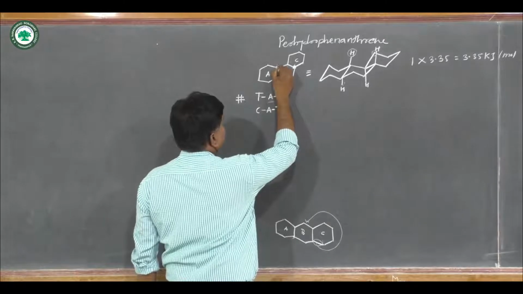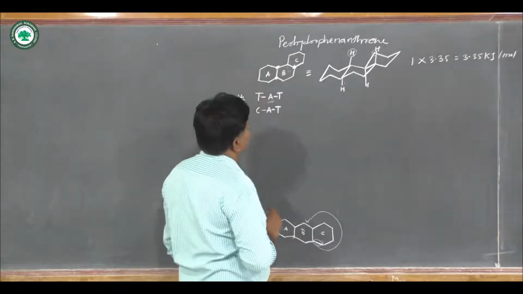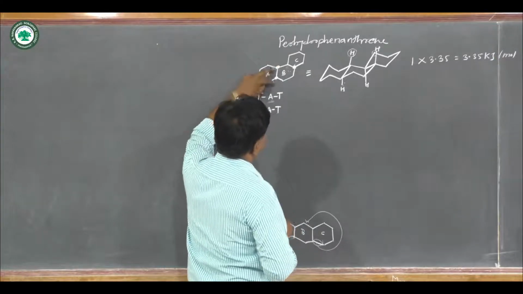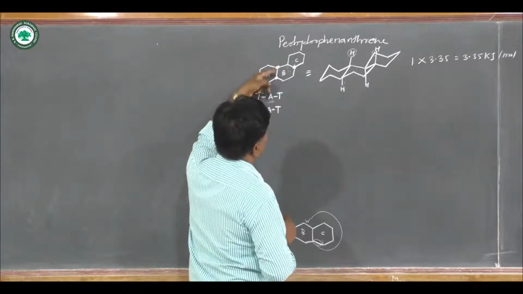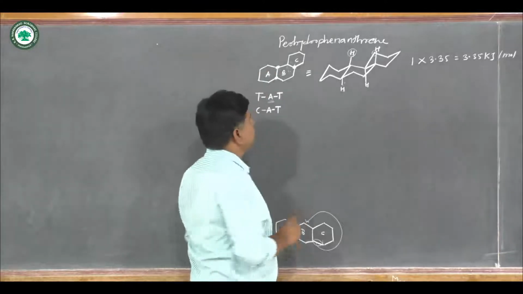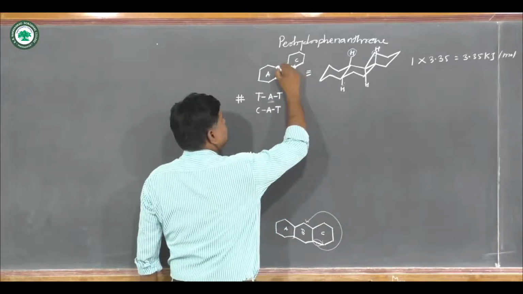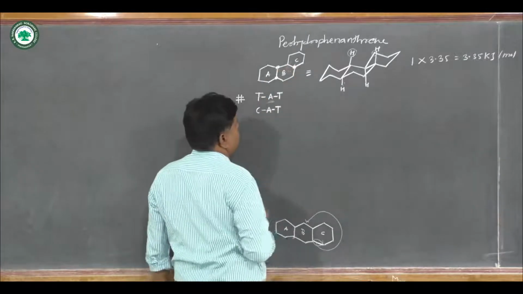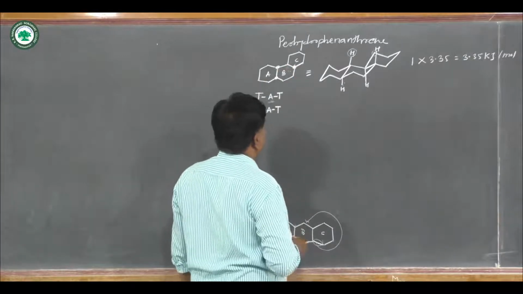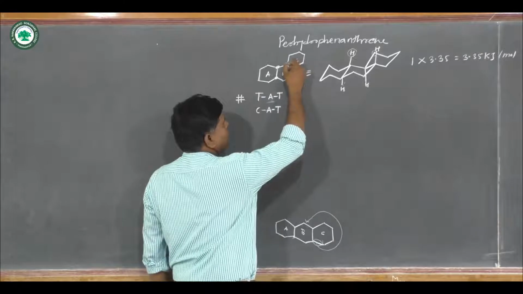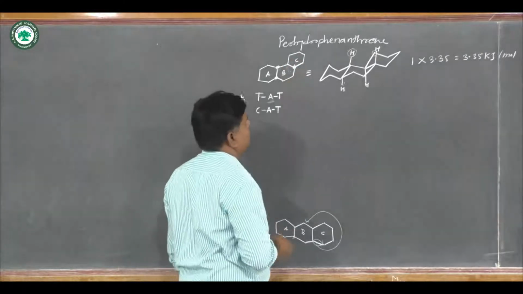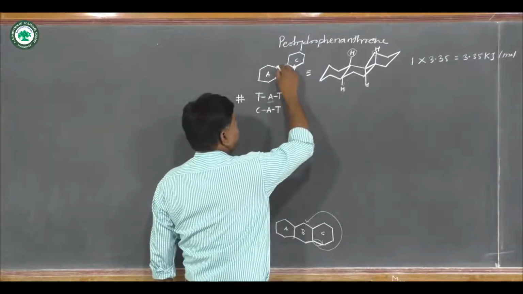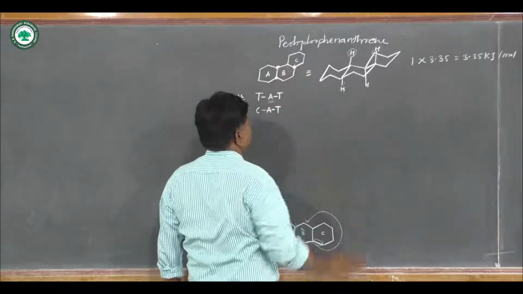If we give 2 dots on these 2 common carbon atoms, at that time this geometry is cis. Why? Because both the hydrogens are on the same side. Then what is the relation between this A and C? Which is trans, meaning anti, and the relation between the common carbon atoms of B and C ring is also trans, so that here we very easily get this type of structure.